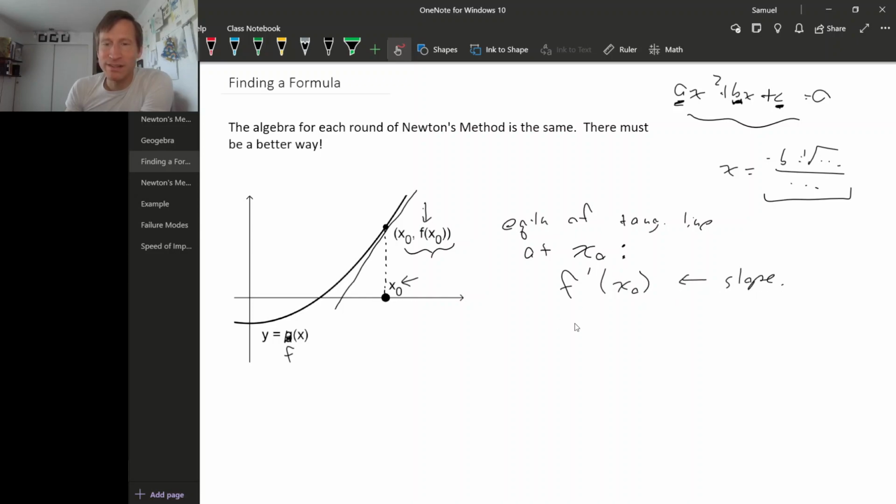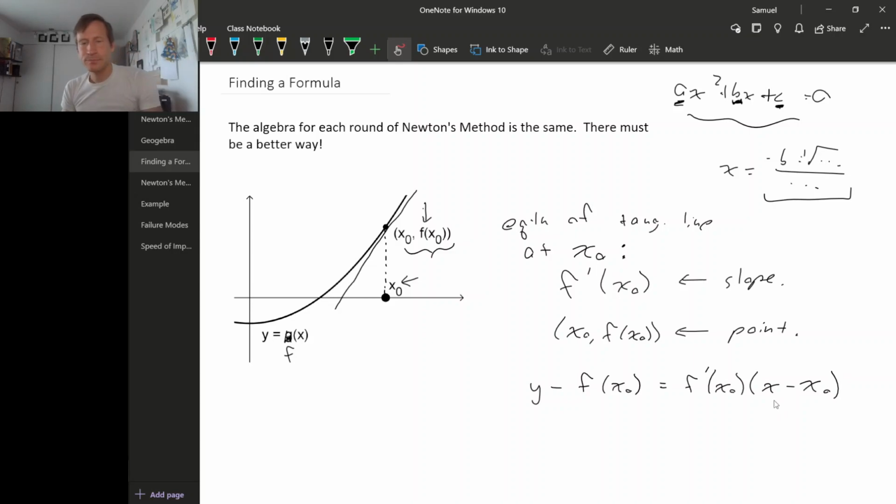And we have a point on the line, that's x sub 0 comma f of x sub 0. So now we can write the equation of the line. The equation is y minus the y-coordinate of the point, which is f of x sub 0, equals the slope, which is f prime at x sub 0, times x minus the x-coordinate of the point, which is x sub 0.